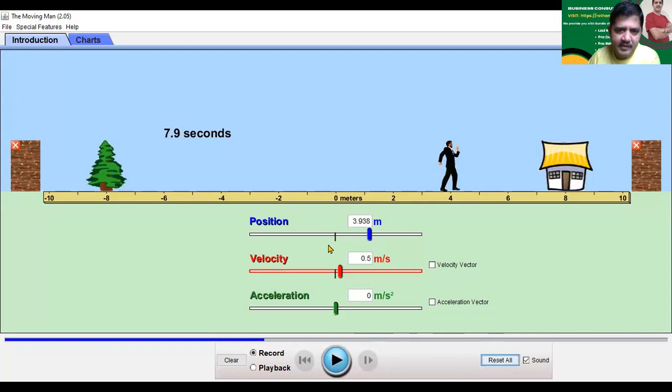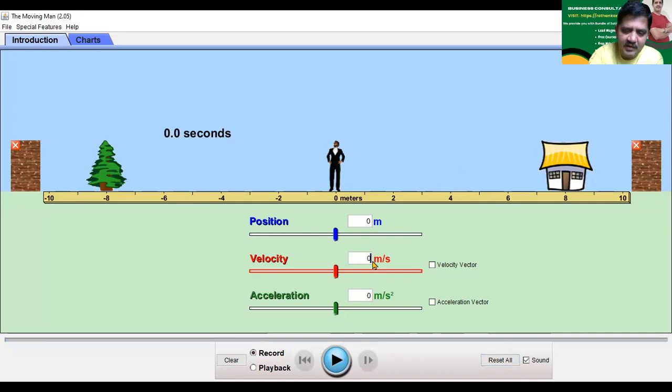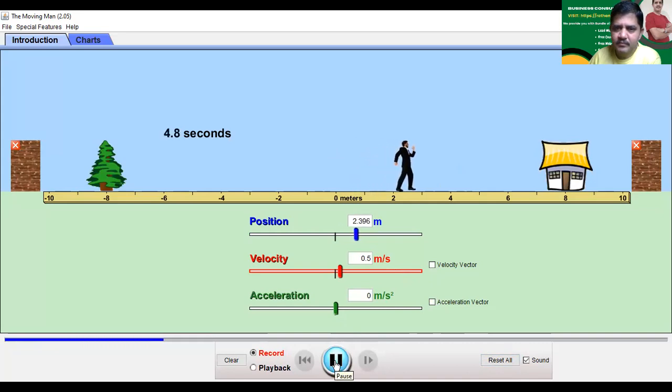Once again, reset all. Change this value to 0.5. Eight seconds. And maybe I will consider the next trial also here.